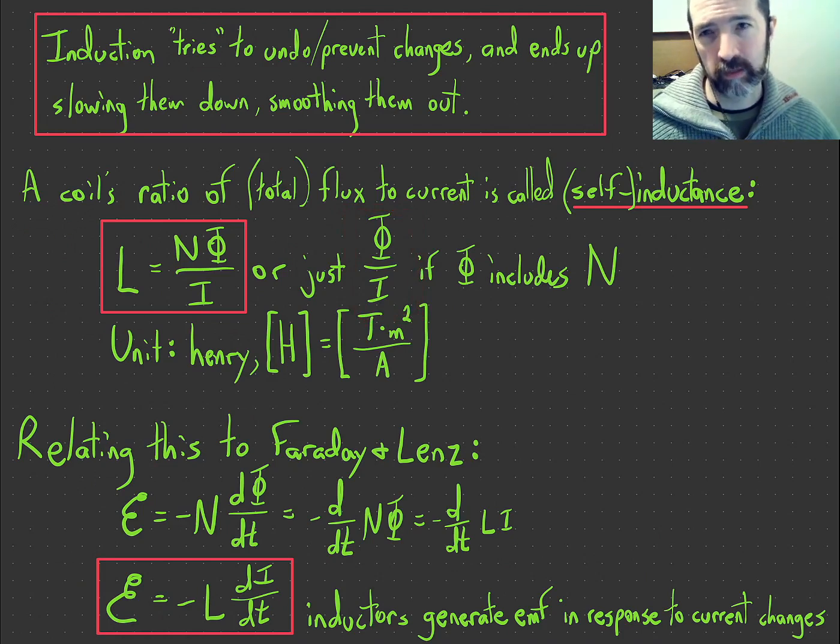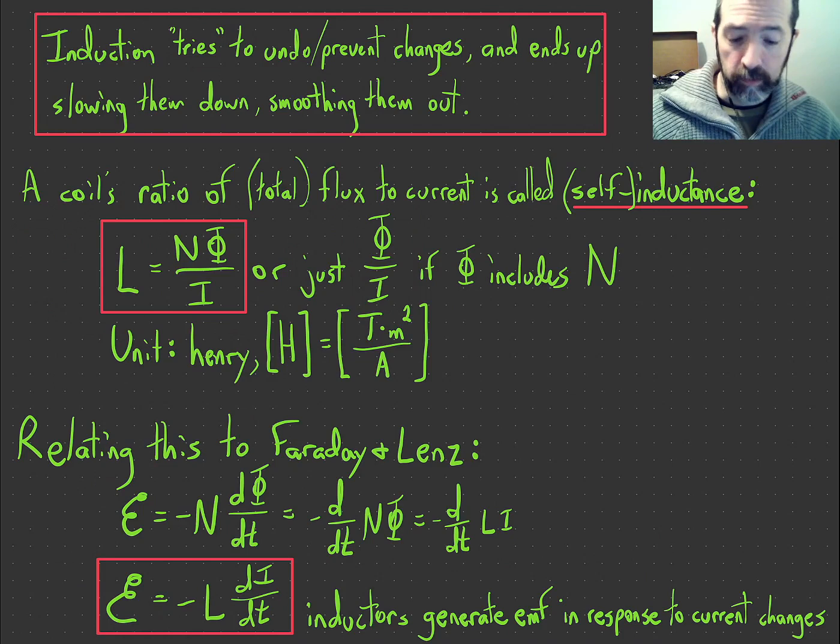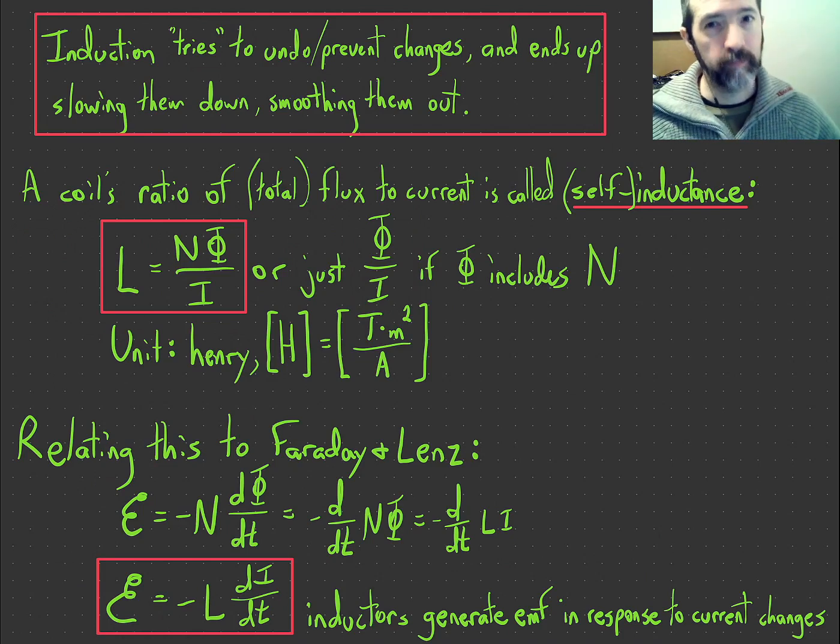If you look at the way inductance formulas are written on the formula sheet, there's not a lot of big N's around. Big N is still important, it's just included. So you could think of the phi as the total amount of flux instead of just the flux through a single loop. It's already included all of the extra loops.